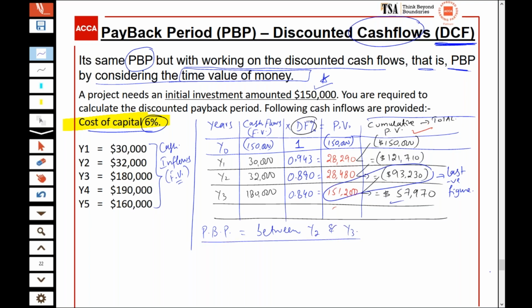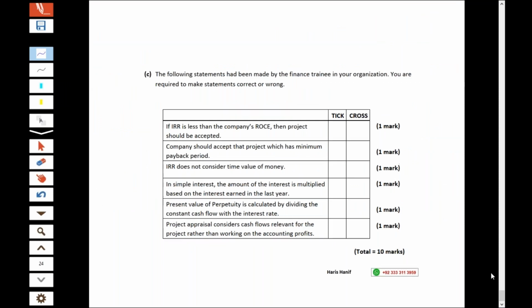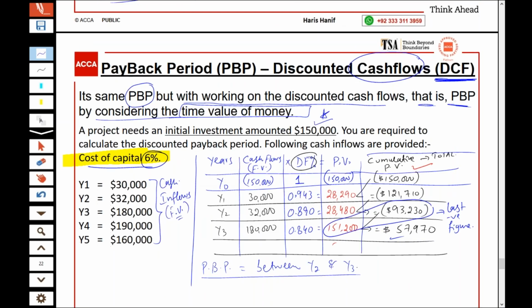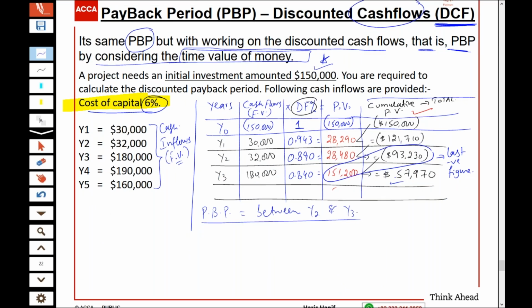And if you need to calculate exactly the months, simply take the last negative figure, that's minus 93,230 upon 151,200, but ignore the sign while dividing because you want to recover this from this.